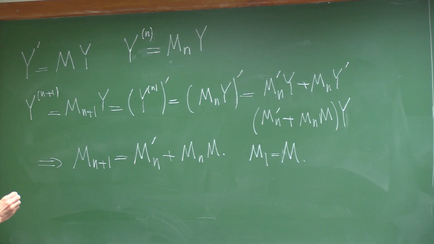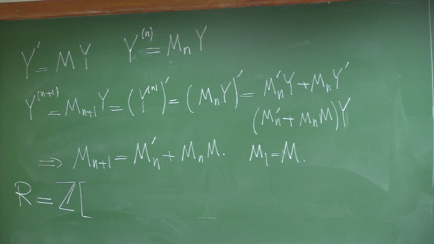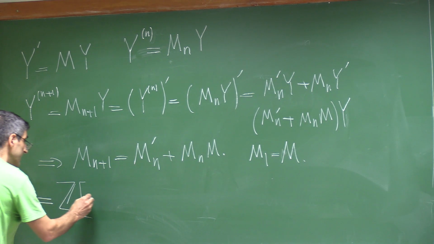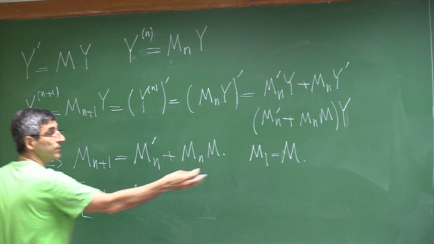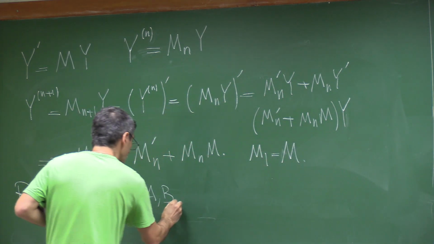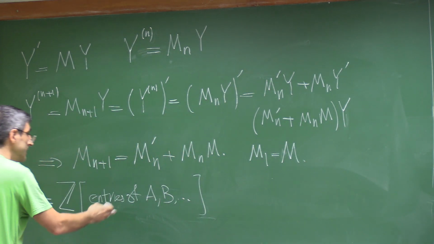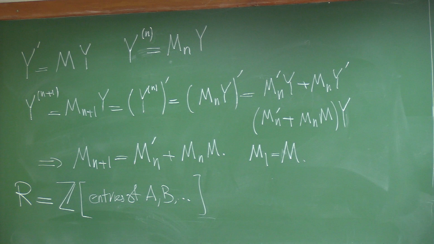For the statement of the conjecture, let's take R, the Z-module generated by the entries of A, B, and if you write more matrices, or others. So this means polynomials in the coefficients of A and B, these matrices, which might be algebraic, might be rational numbers, and so on.